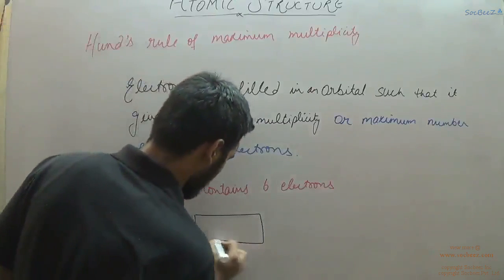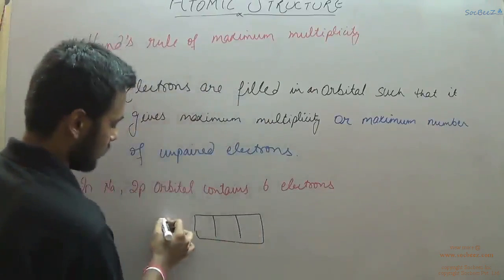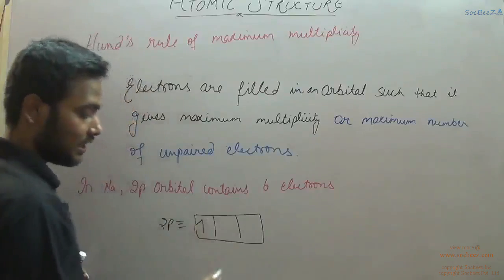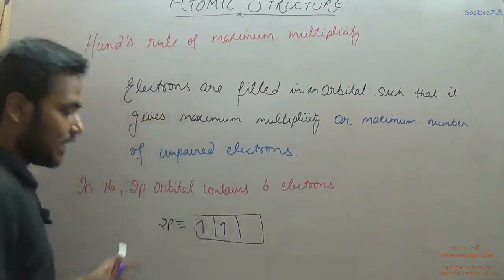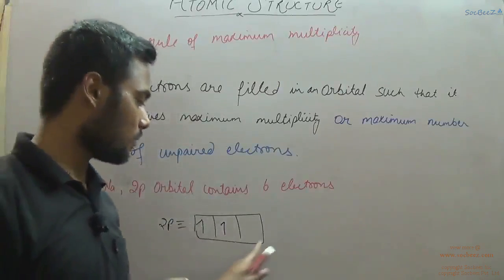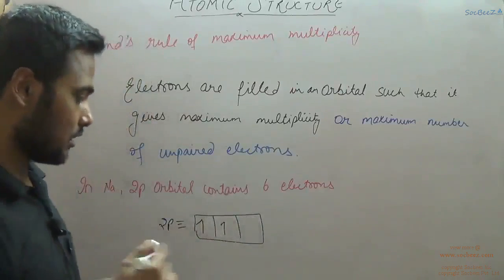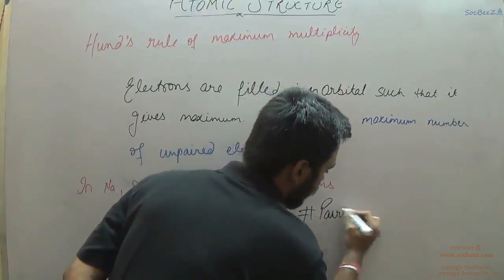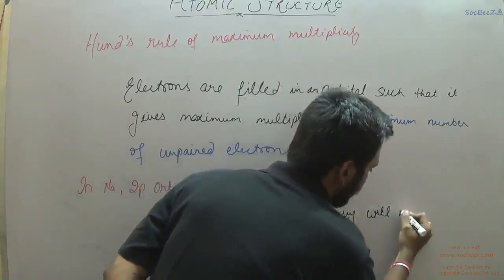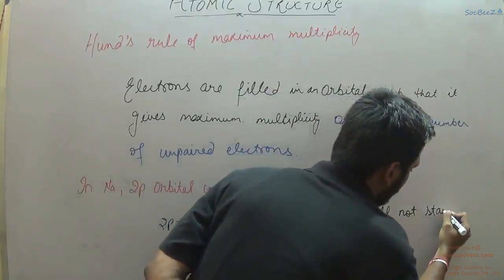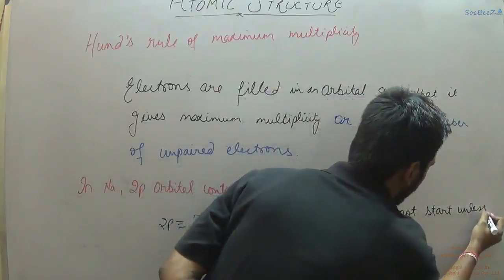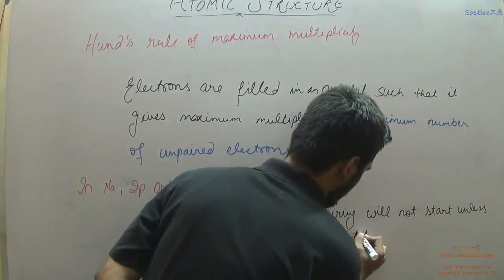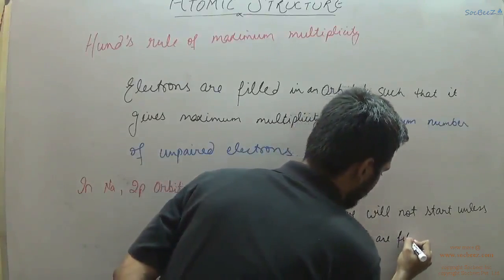If this is the 2p orbital, the first electron goes like this, then the second electron goes like this. Remember that pairing will not start unless all orbitals are filled.